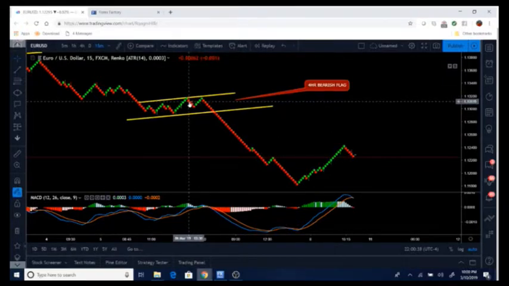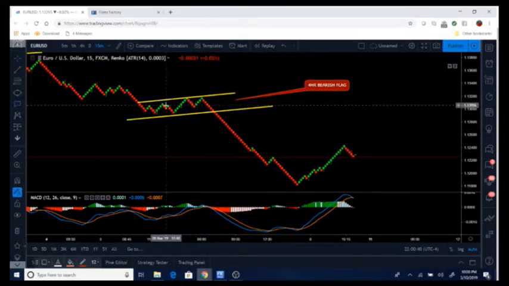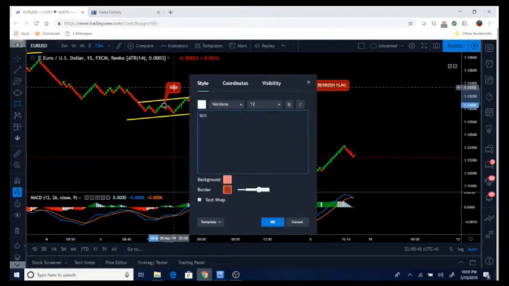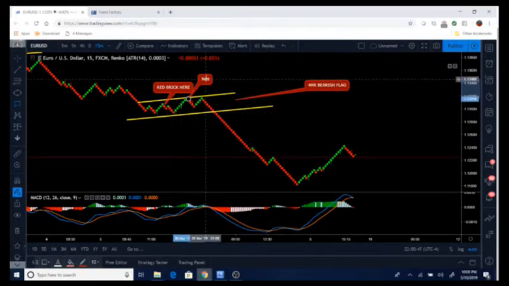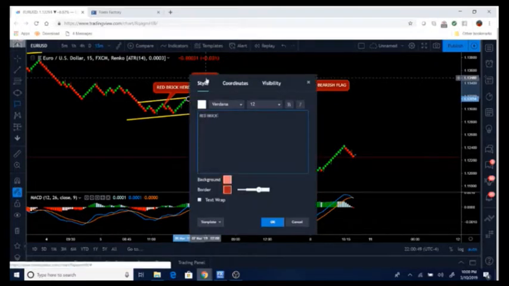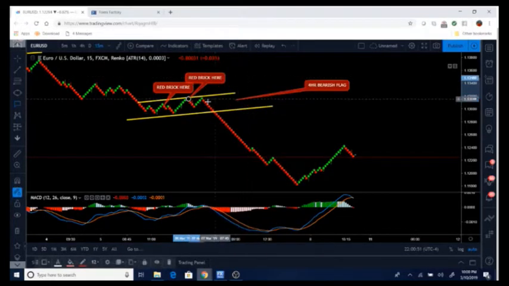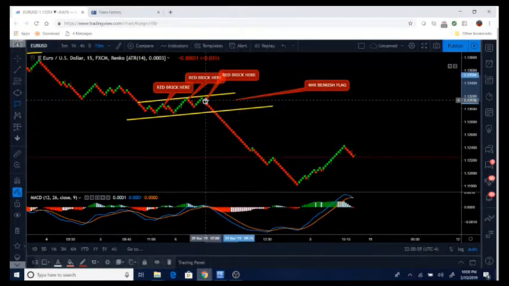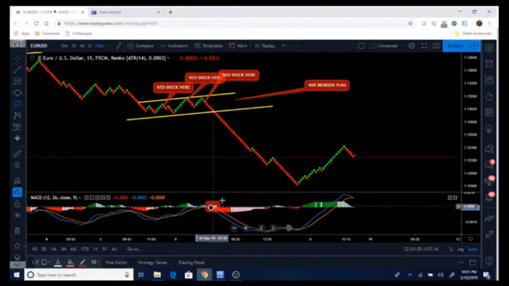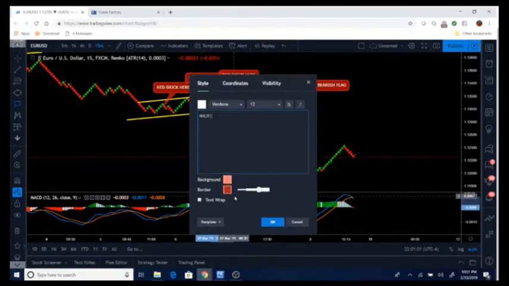So remember, just because you have a red brick here, a red brick here, a red brick here, doesn't mean you sell right away, right? You still need your MACD crossover.